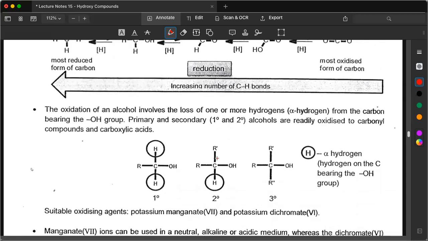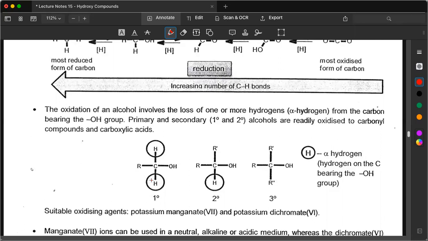The oxidation of alcohol involves the loss of one or more hydrogen, alpha hydrogen, from the carbon bearing the OH group. Primary and secondary alcohols are readily oxidized to carbonyl compounds and carboxylic acid. So what is alpha hydrogen? Alpha hydrogen is the circled hydrogen shown in the diagram.